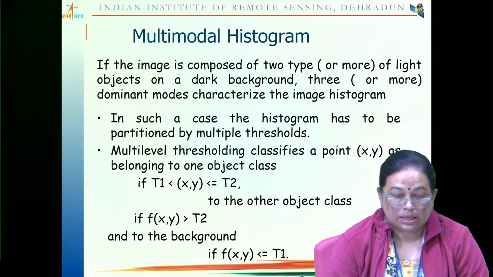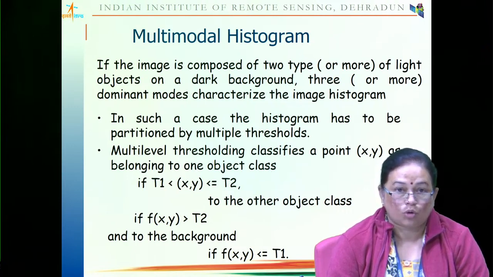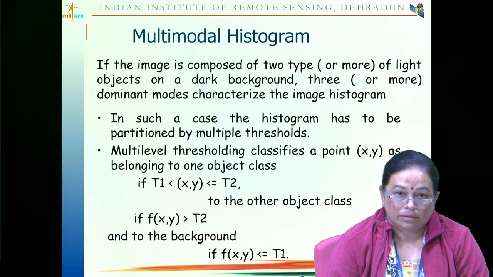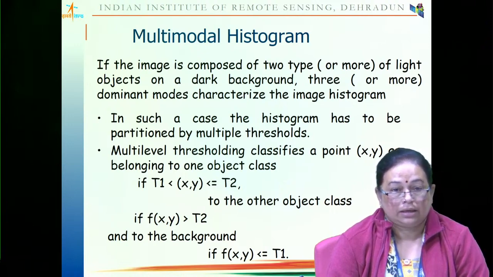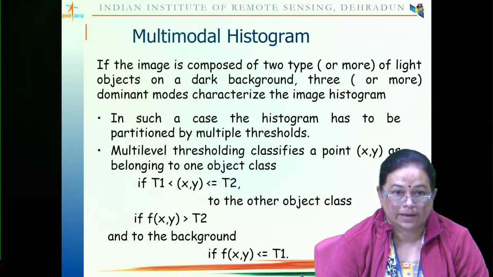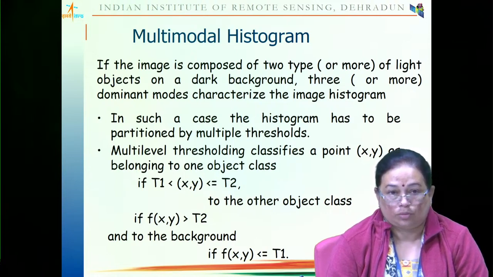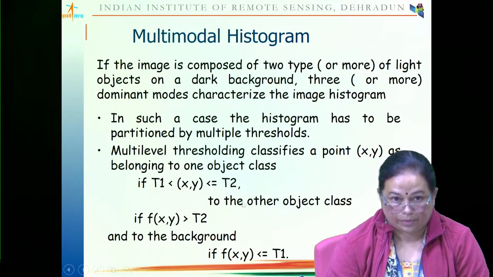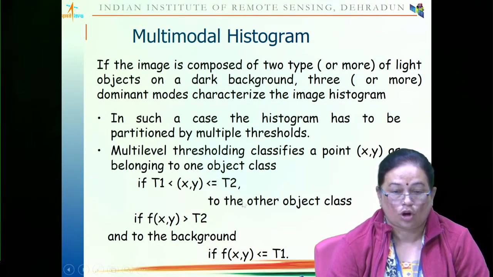In such a case, with more objects and a multimodal histogram, the histogram will have to be partitioned by establishing multiple thresholds. So multi-level thresholding classifies a point (x, y) as belonging to one of the object classes. So then we will take more thresholds, into the object classes and then into the background class.